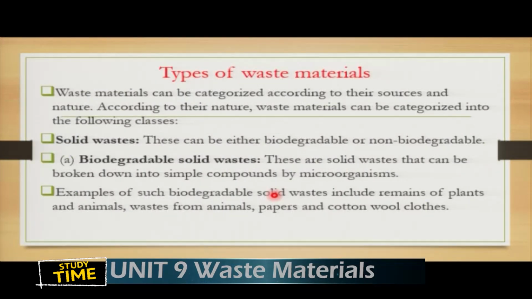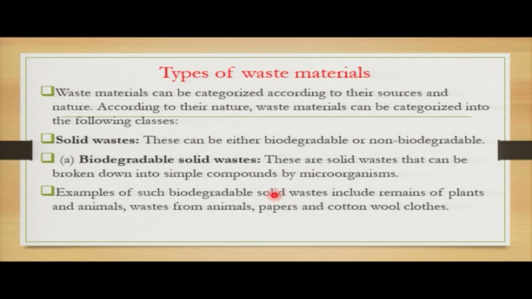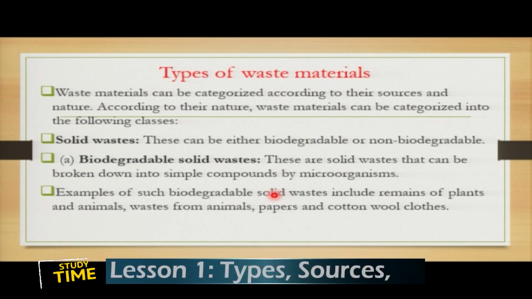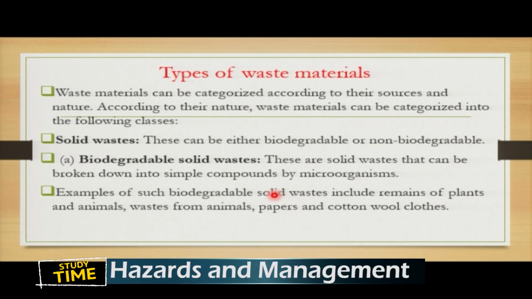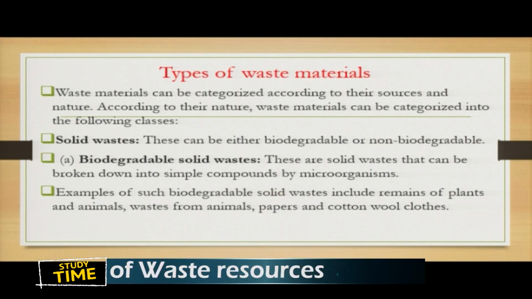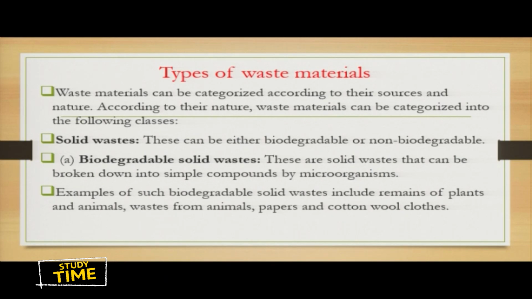So we can also look at the types of waste materials. We just try to categorize them. Waste materials can be categorized according to their sources. That is a very important point to note. According to their sources, that is one way of categorizing.